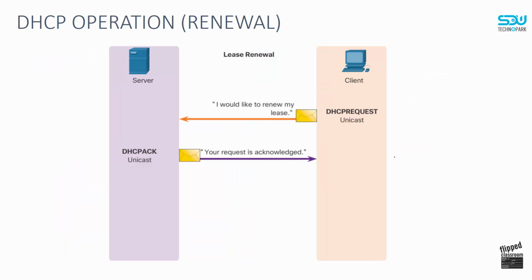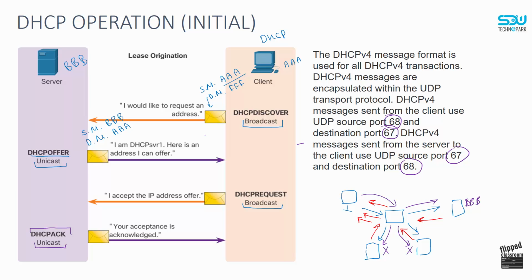And what else do we have to say? When our client is making the renewal process of the IP address, the renewal of the lease, our client is sending only a unicast request message, and our server is sending a unicast message as the DHCP acknowledgement. When our server is giving us the IP address for a lease, it is giving it for a limited time. For example, the DHCP server has a timer with a lease time of, say, 2 hours.